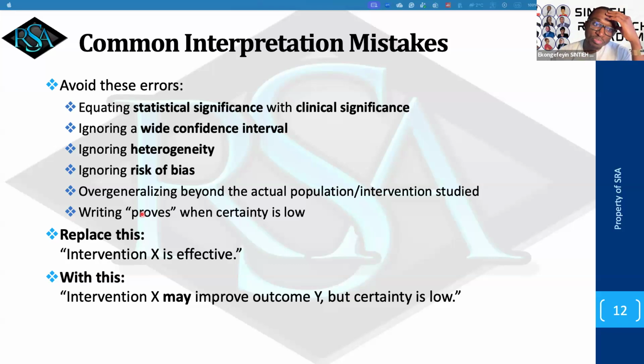That's why I say instead of saying taking paracetamol is effective, you would say taking paracetamol may improve the outcome of having headaches, but the certainty is low. We are not very confident about it based on the way the pool of studies we had was.